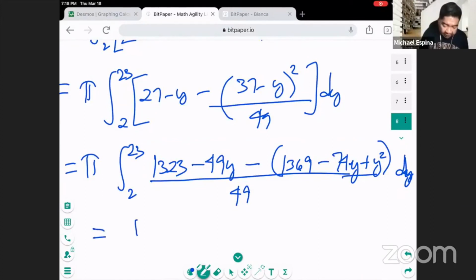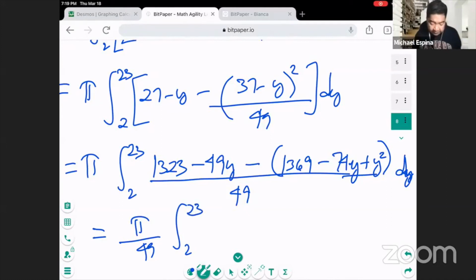So pi, let's take out 49 and then simplify our numerator, right? So we can combine these two, 1323 minus 1369, that is negative 46.